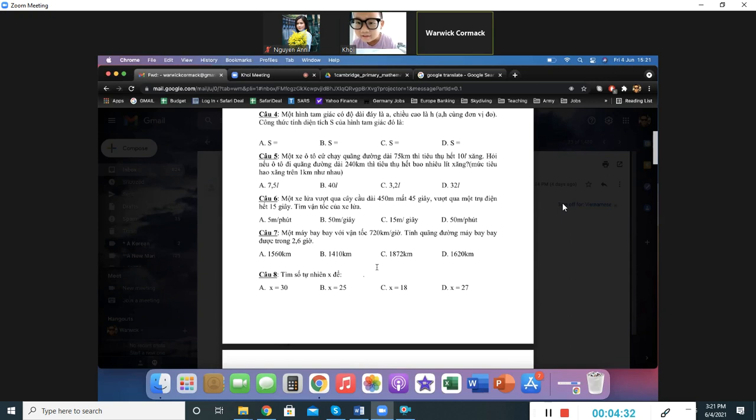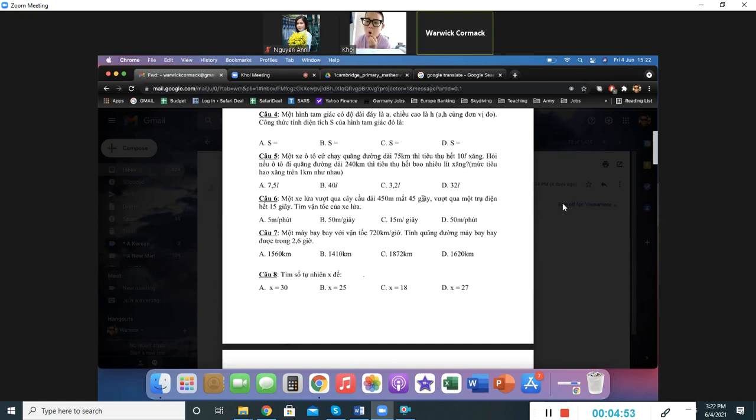Find the speed. I don't know. Yeah, the speed per second, of the train. Okay.